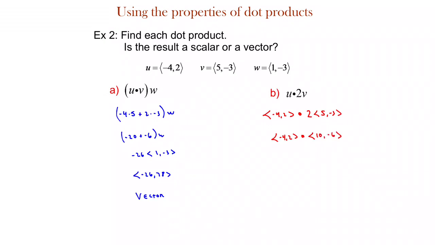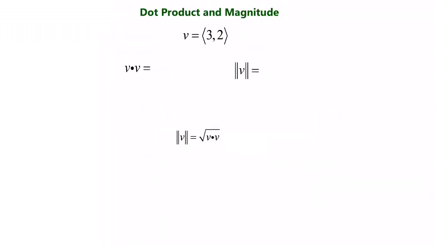And then we have the dot product of two vectors, so we multiply the first components, multiply the second components, and add them together. So that would be negative 40 plus negative 12, which will be negative 52, and that would represent a scalar. It is not a vector. We're taking the dot product of two vectors, so that's just going to be a scalar. So there's just a couple of problems dealing with the properties of the dot product.